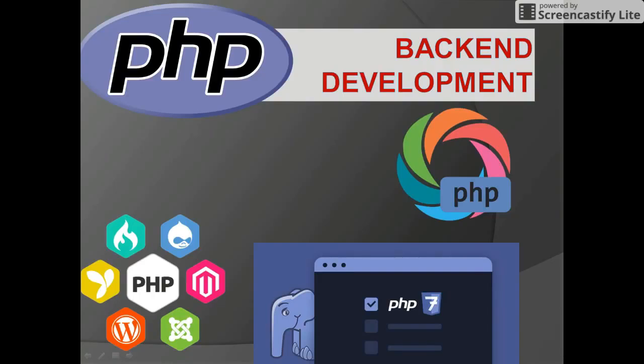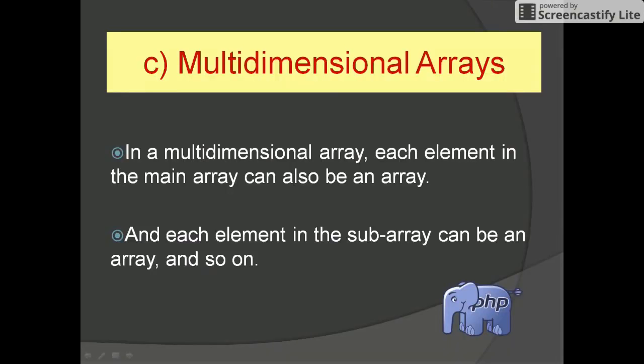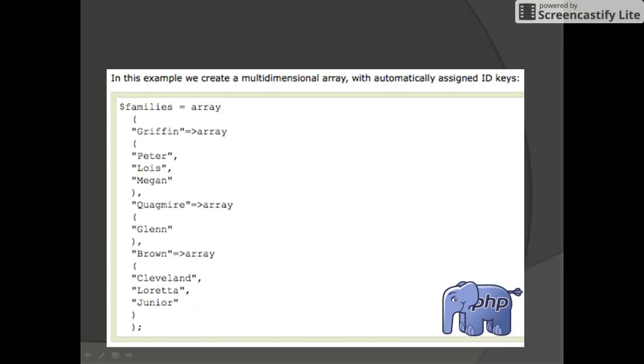In the previous part, we have learned arrays and variables. In this part, we will continue with multi-dimensional arrays and then move towards loops. A multi-dimensional array is a combination of multiple numeric arrays or multiple associative arrays.